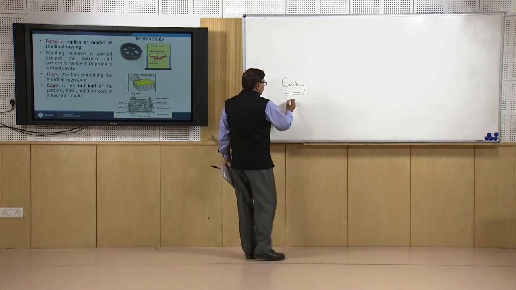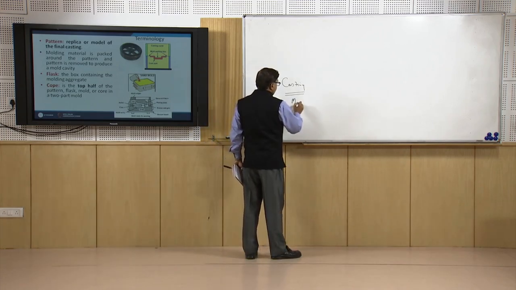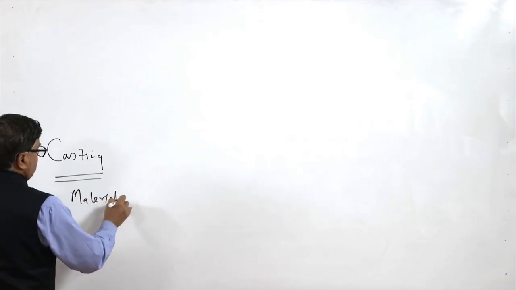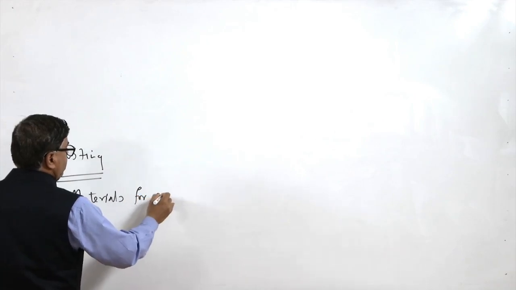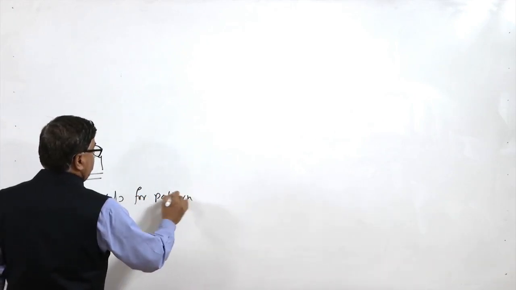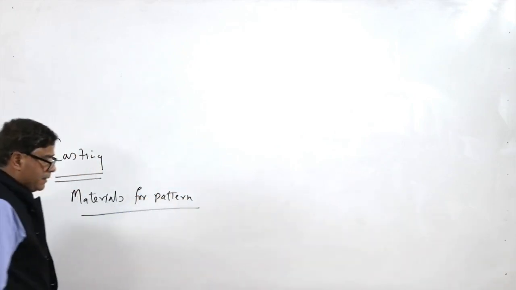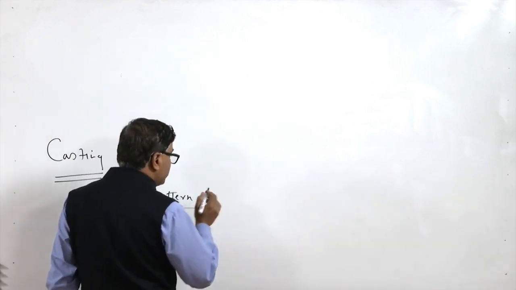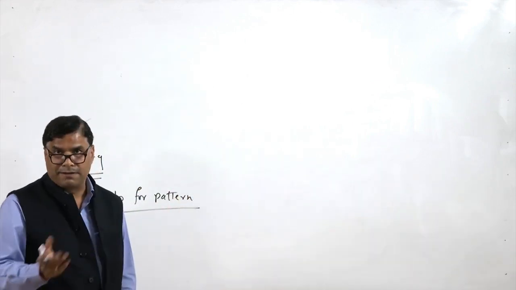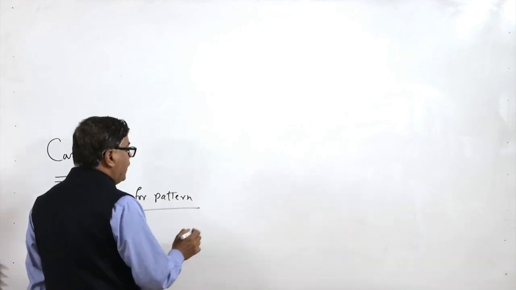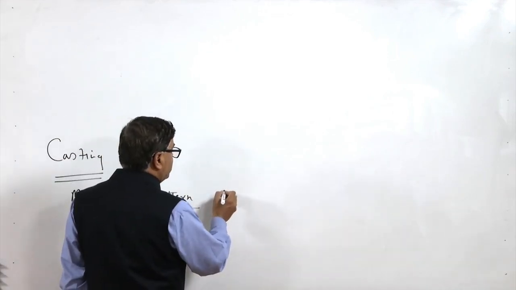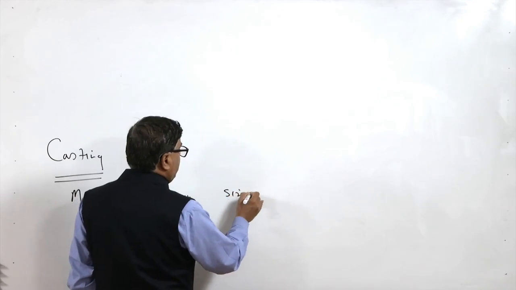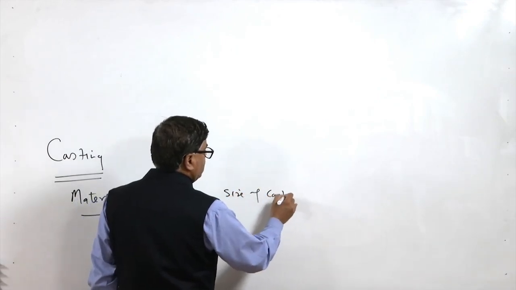So, we need to talk about the materials for pattern. What material can be used for making the pattern? There are certain factors which will govern the selection of the material, and these factors include the size of the casting.